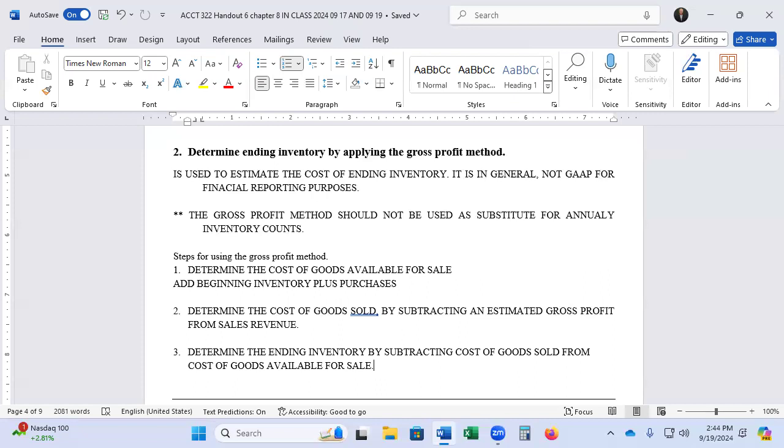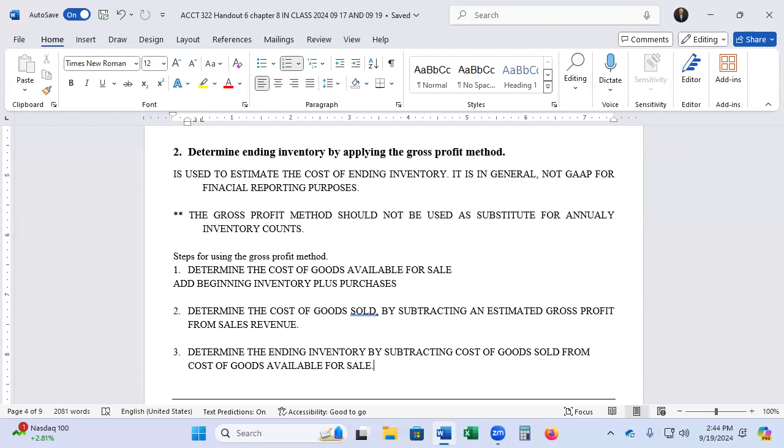If I know my gross profit is usually some percentage of sales, let's say it's 30%, well, then I know my cost of goods sold is 70% in this case, because they make up one, right? Sales is 100%.